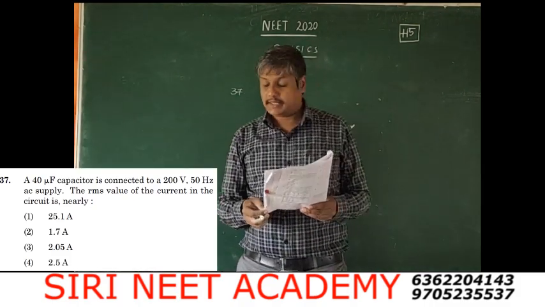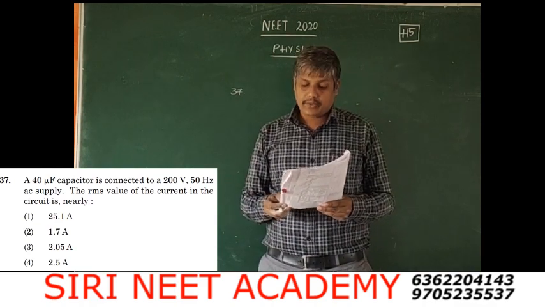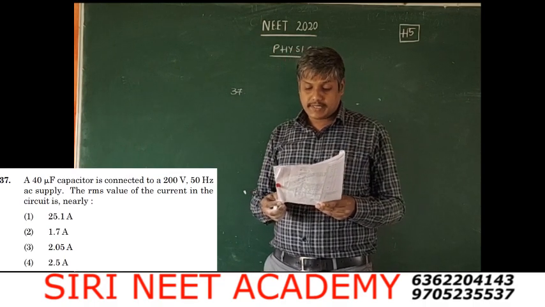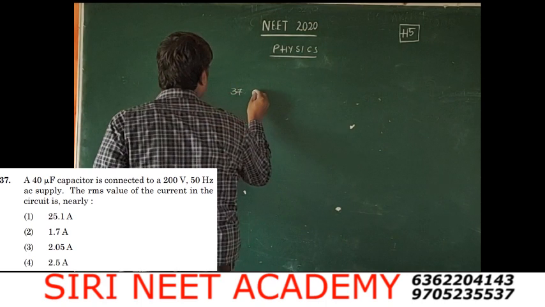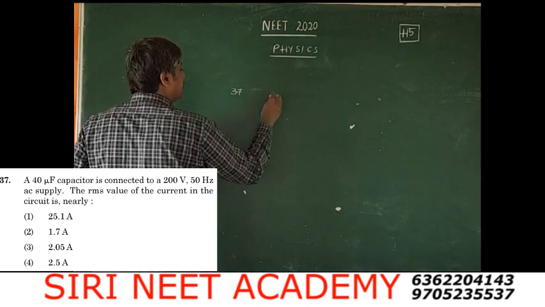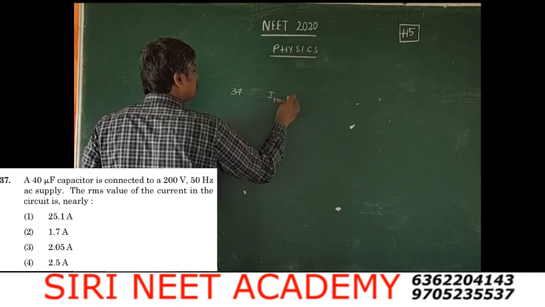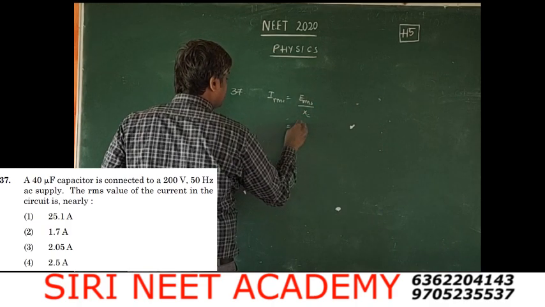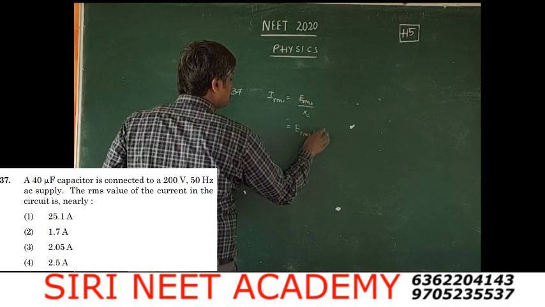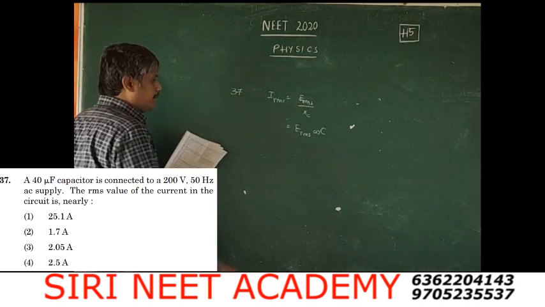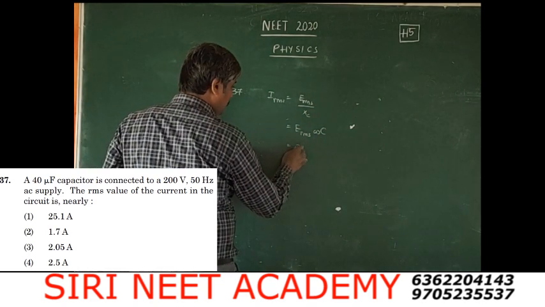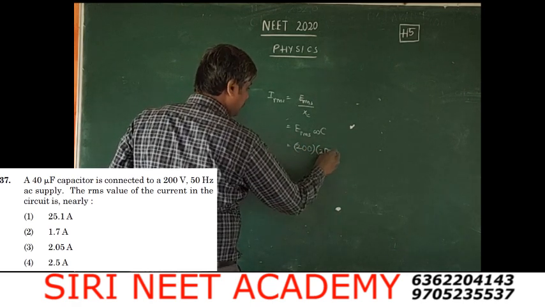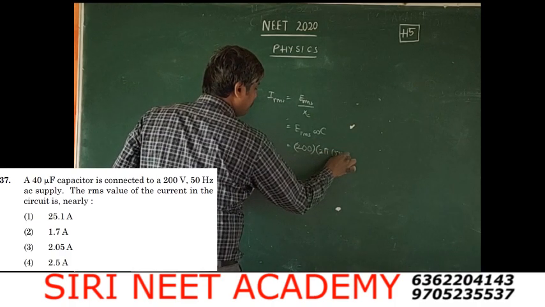A 40 microfarad capacitor is connected to a 200 volt 50 Hz AC supply. The RMS value of the current in the circuit is nearly. So we know that I_RMS is equal to E_RMS by X_C, that is equal to E_RMS into omega C. The supply voltage is 200 volt, that is E_RMS. Omega is 2 pi times frequency, which is 50.